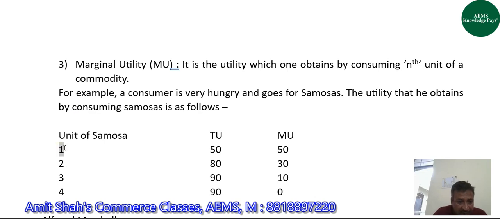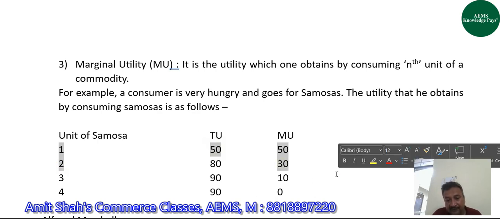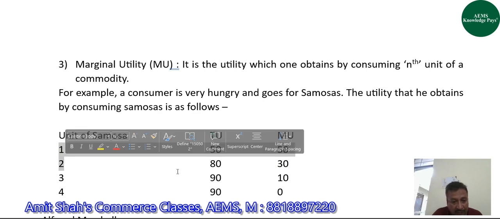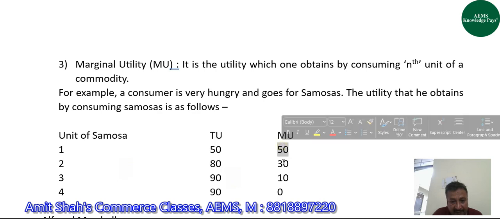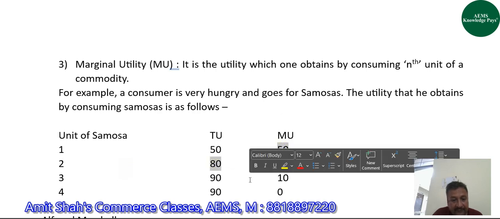So when he consumed the first samosa, he got a utility of 50 utils. So his total utility as of now is 50 utils only. He went for a second samosa. Now this time from the second samosa, he got only 30 utils. So from the two samosas together, the utility that he obtained is 50 plus 30, that is 80.